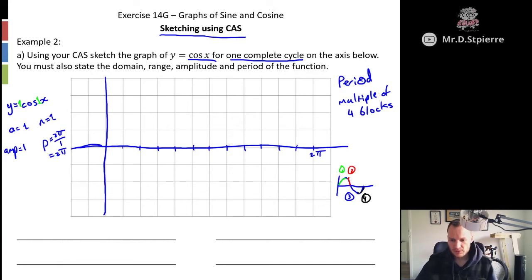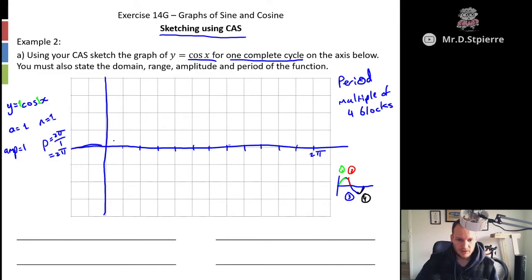Okay, so there's always effectively 4 parts to one cycle, and they have nice symmetry. So that's why I block it down into that. I can split those each to have an even number of blocks. It's easy to sort of mark intervals. If that doesn't make quite a lot of sense, that's okay. Just leave it for now. You might start to see it as you sketch a whole bunch more on grids.